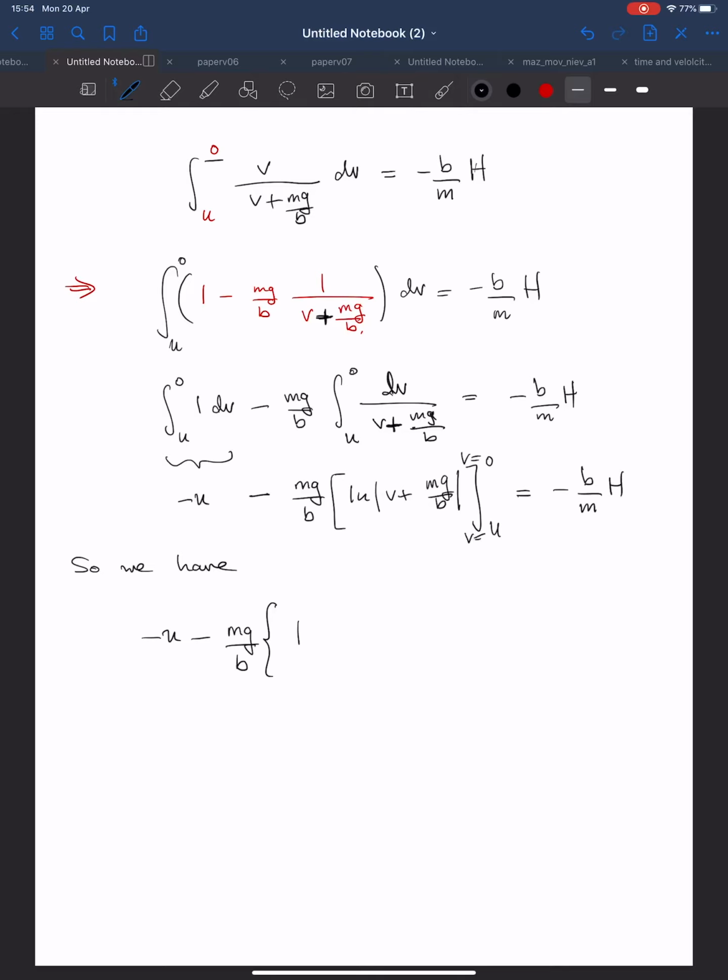So for the first limit, I have log of the modulus of mg over b. And mg and b are positive constants, so I don't need to worry about the modulus. I just have this for the first limit. And then I'm subtracting the lower limit, which is again positive because the speed u is positive. So I have log of u plus mg over b.